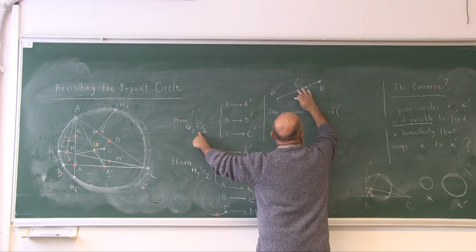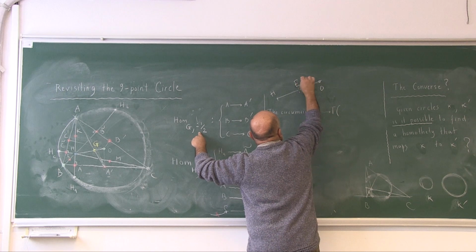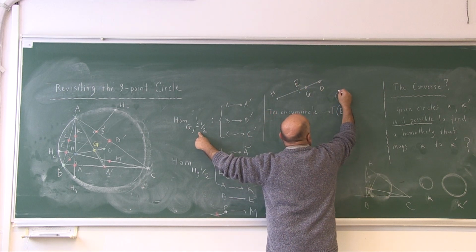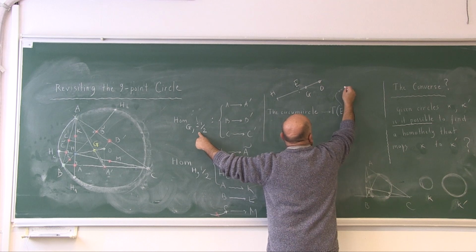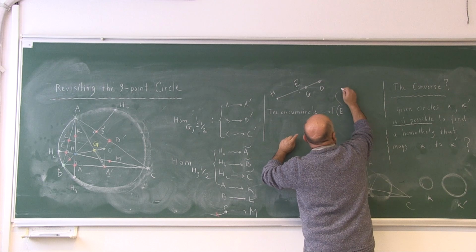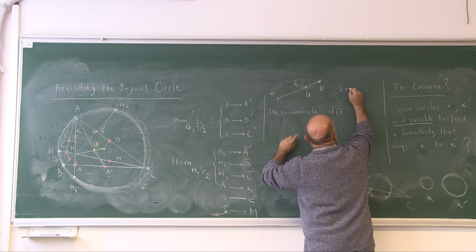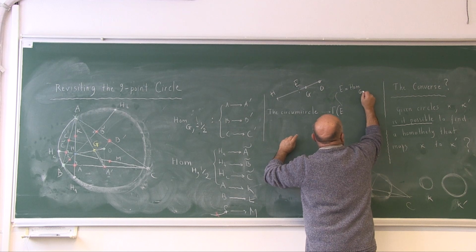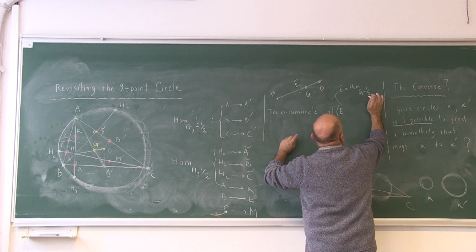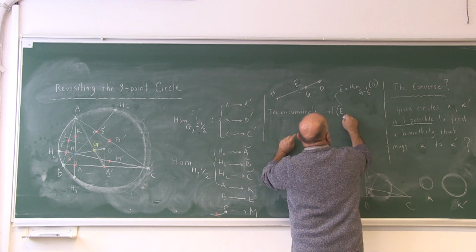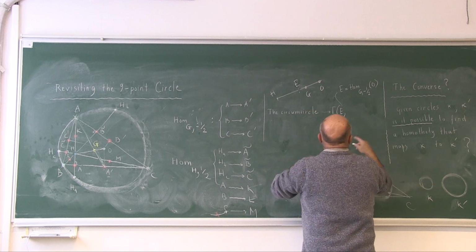Okay, let me call that point E. But this is the unique. Okay, so this E is in fact the image of the homothetic with center G and ratio of similitude a half of the point O. Okay, so what happens?